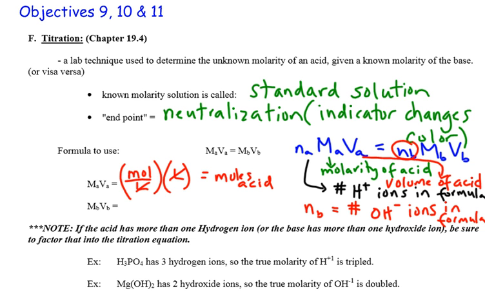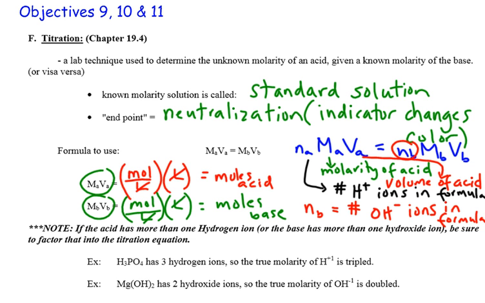If we do the same process for the base side, if you know the moles per liter of your base, and you're multiplying it by the liters of base that you need to neutralize the acid, what you get is moles of base. So when you put these two together, MaVa is equal to MbVb, what you have is moles of acid being equal to the moles of base. And when that happens, that's neutralization. All right, so that's why this equation works.